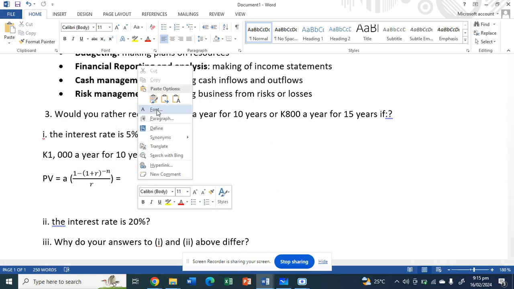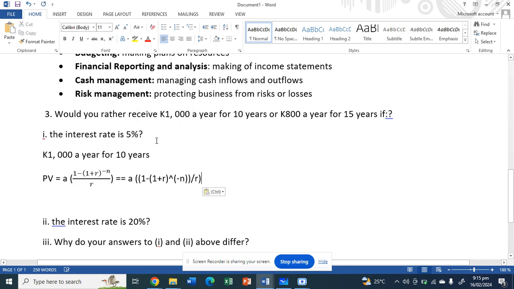So A, which is our equal payments, is 1,000. Our rate is 5%, 0.05. It's for 10 years, so the power is negative 10, divided by 0.05.